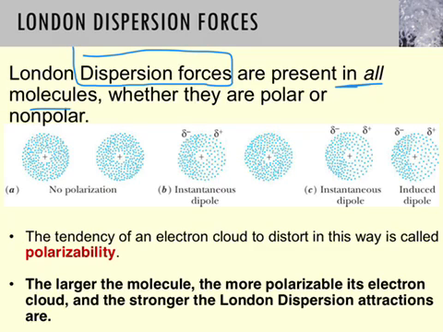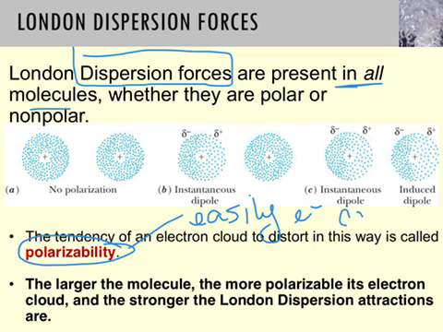Probably the most important one is called the polarizability of an atom or a molecule. Basically, that means how easily the electrons can move in that atom or molecule. So the more tightly electrons are held, the closer they're held to a nucleus, the less polarizable they'll be.